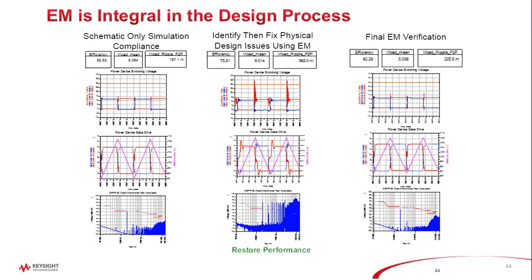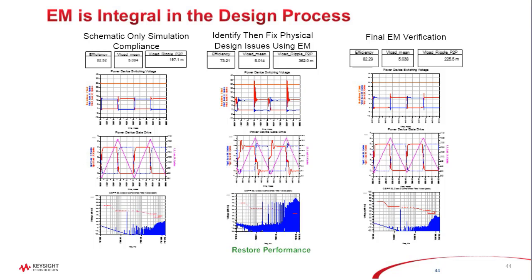In this slide, on the far left column, you see a schematic only. And on the top left trace, the red trace there, that's the common mode noise associated with this. As you go through your steps, you have an initial and then a final layout that you've made modifications to.